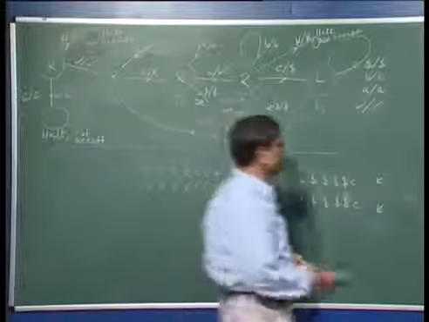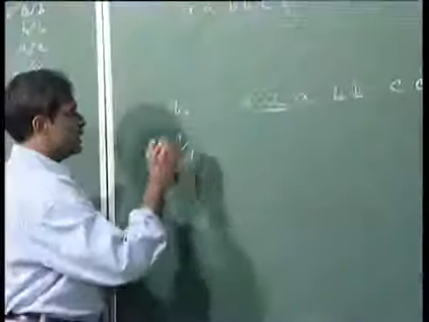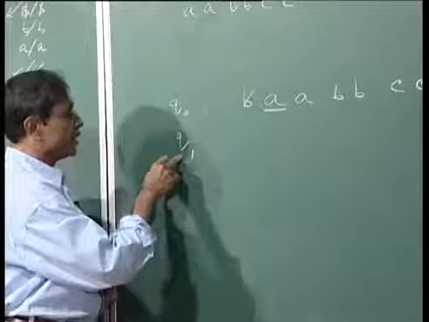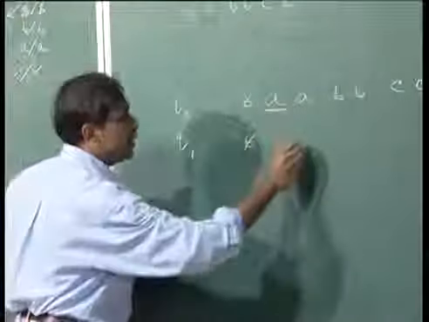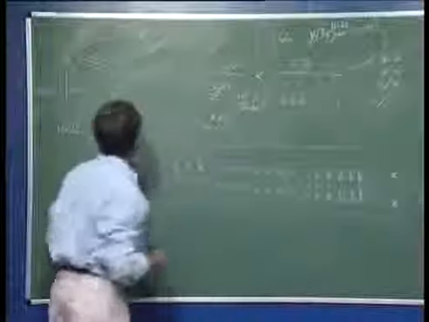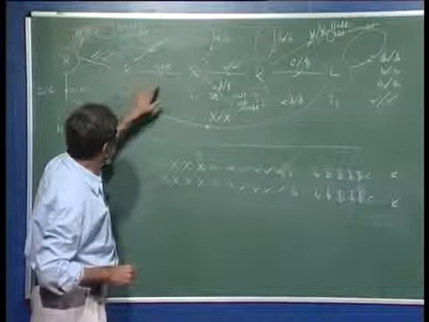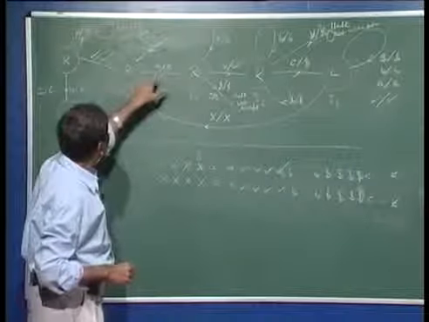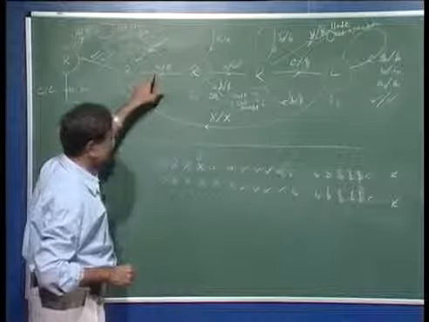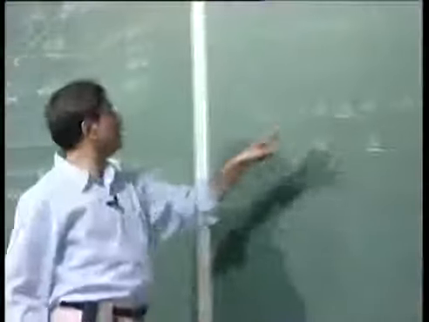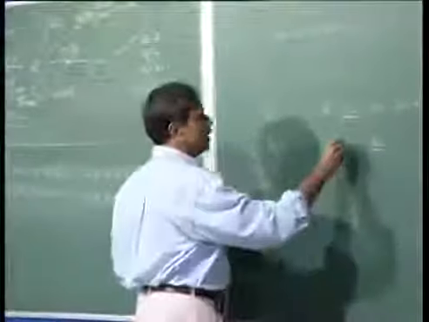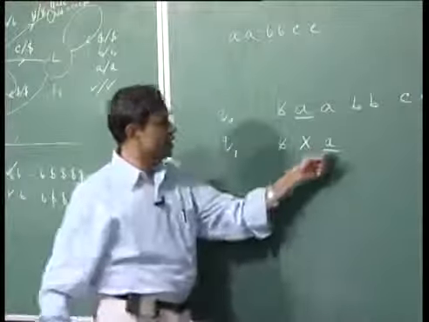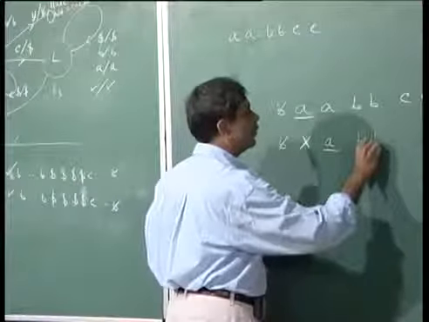But before that, as it changed the state, it changed the symbol it was scanning, this A, into an X. So, this is now an X and the head is here. Everything else remains as before.